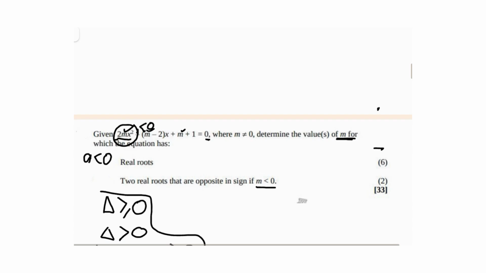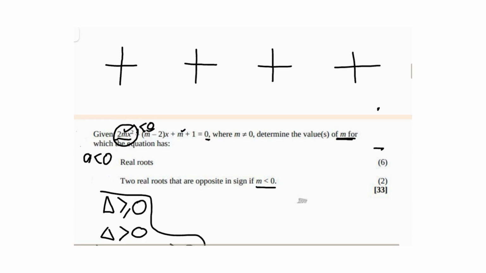So when it comes to answering questions on whether a graph will have opposite signs or the same signs of its x-intercept, I'm just going to draw 4 different graphs to just show what we look at when we have to determine the values in which the graph will have the same signs or opposite signs of its x-intercepts.